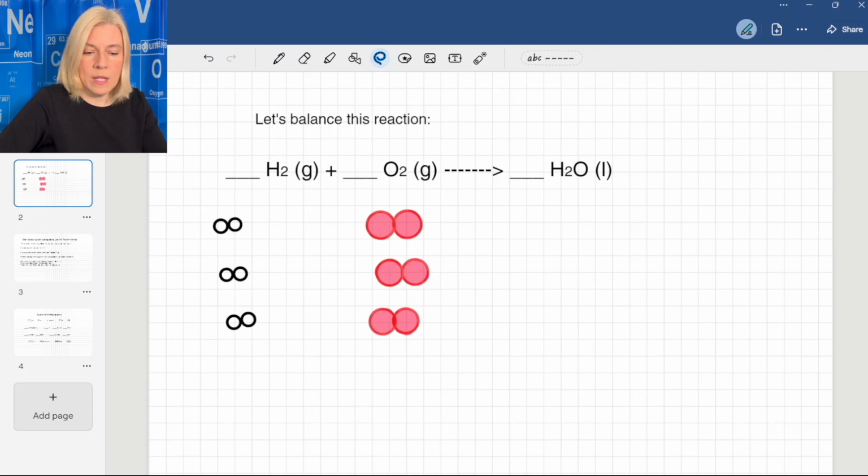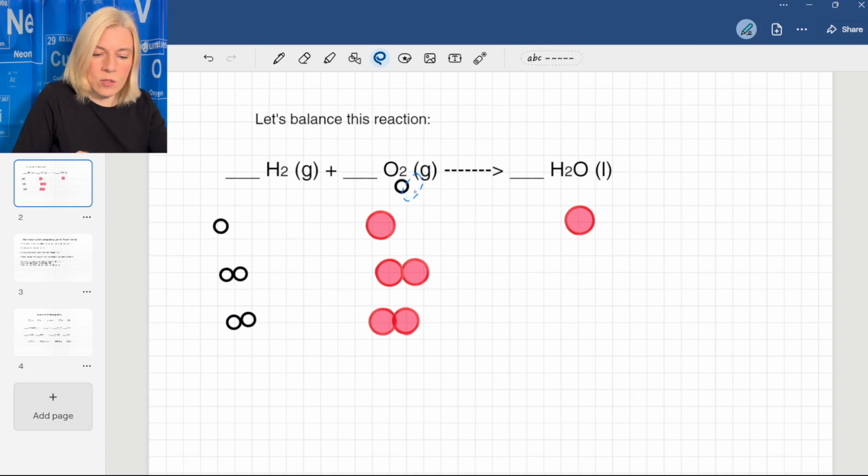We have to break apart some bonds, we have to rearrange atoms, and we have to create new bonds, new molecules. We have to make water. The formula for water is H2O, so that means we have one oxygen. We will have to move one oxygen here, and then we're going to move one hydrogen to make water right here, and then we're going to move that other hydrogen.